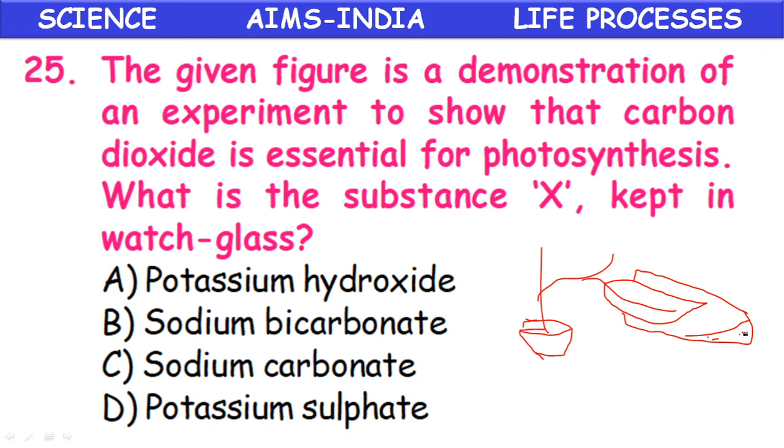So now identify what is that solution present inside the test tube. Potassium hydroxide, sodium carbonate, sodium bicarbonate, or potassium sulfate. So it is the alkali potassium hydroxide. The potassium hydroxide absorbs the carbon dioxide present inside the test tube and creates a CO2 free environment.